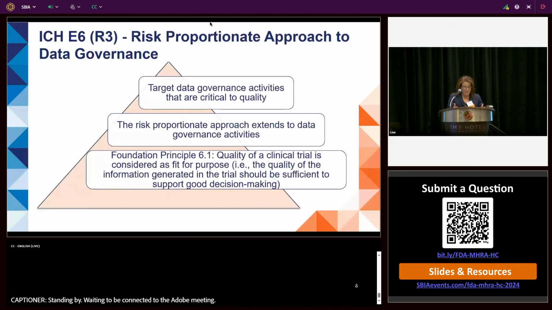The second is the concept of risk proportionality, which I've just mentioned. And taking a risk proportionate approach throughout the clinical trial lifecycle is an important operational approach to achieving the goal of fit for purpose clinical trial quality. This risk proportionate approach extends to data governance activities and would include the sponsor targeting and focusing efforts on those data governance activities that are critical to the quality of your study.